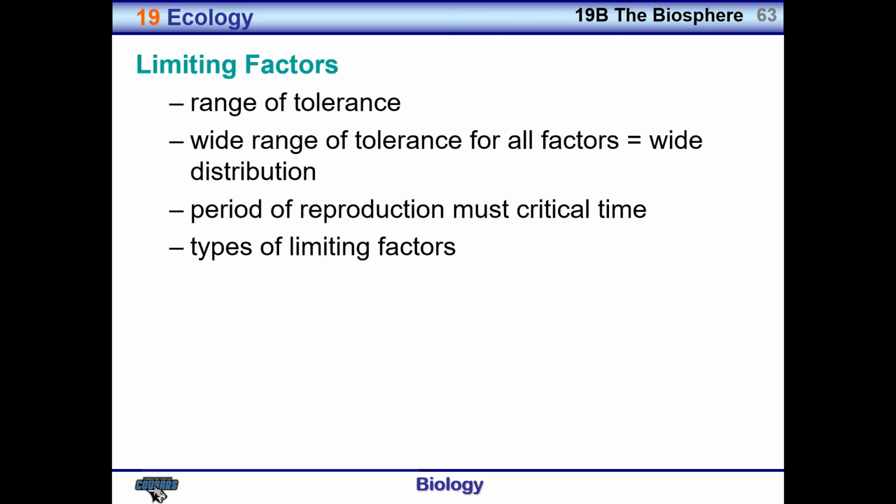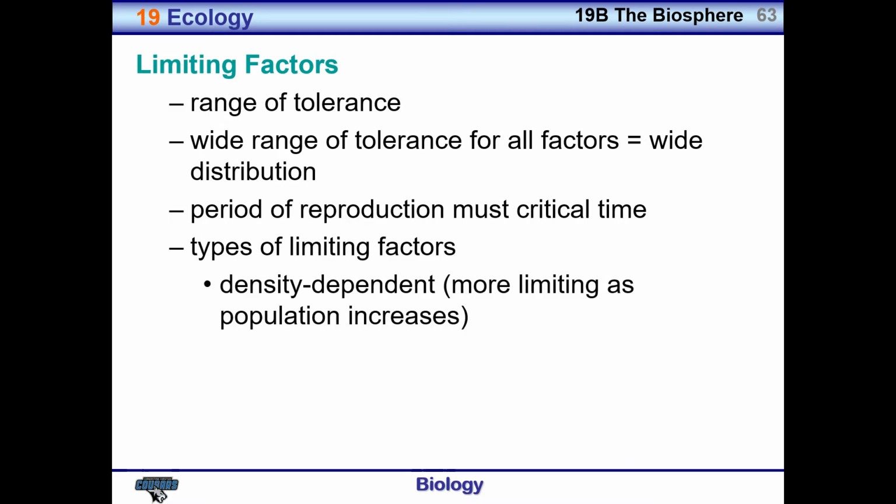Now, what are some types of limiting factors? One of them is called a density dependent factor, and those are the ones that become more limiting as the population density increases. So as the number of organisms living in an area increases, the density may limit their growth, not in size so much as in numbers.